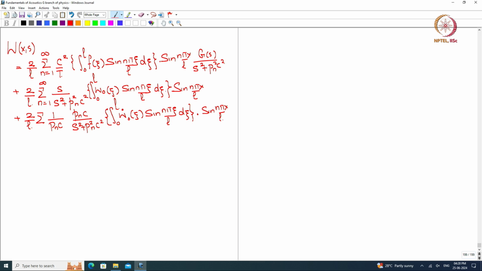Okay, so now we have to invert the time, as the final step of the Laplace transform. So what do we get? We get now w of x comma t.